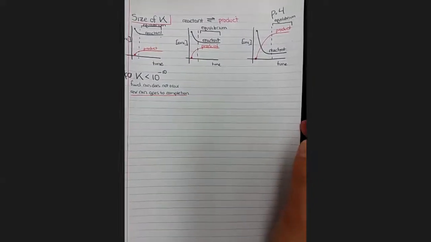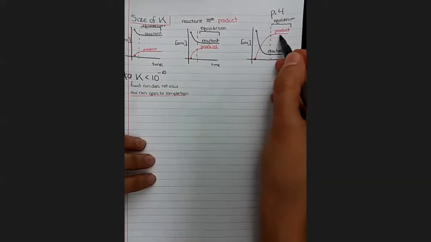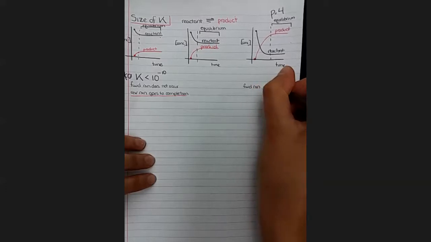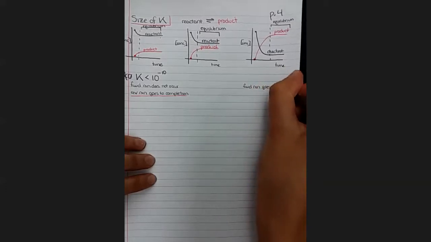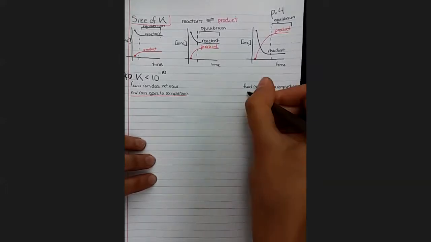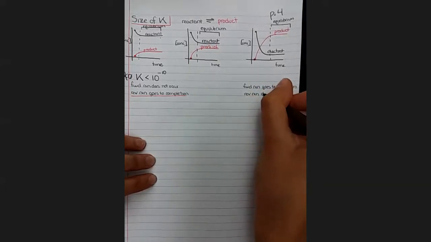Okay, let's look at our other end of the spectrum here. So where we have mostly product present at equilibrium, that means that our forward reaction goes to completion. That's the one that makes product. And the one that uses up product, the reverse reaction, does not occur.